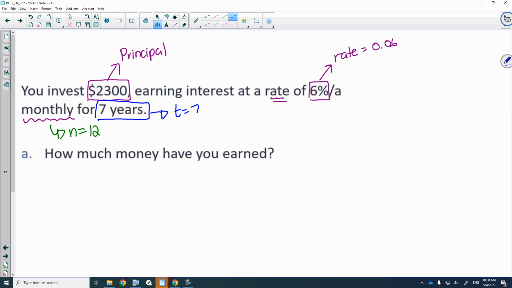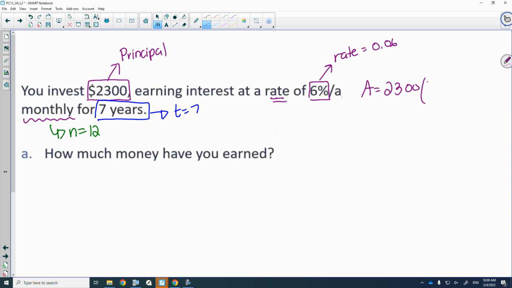Okay, so what does this look like? Our formula is going to be A is equal to how much we put into the bank, 2,300. We need to figure out our B value. Our B value is not going to be 1.06. Okay, it won't be that. It'll only be 1.06 if they're giving us interest once a year. But they're giving us interest 12 times a year.